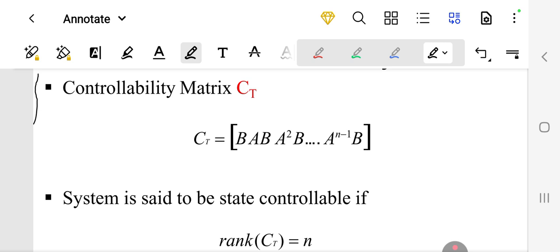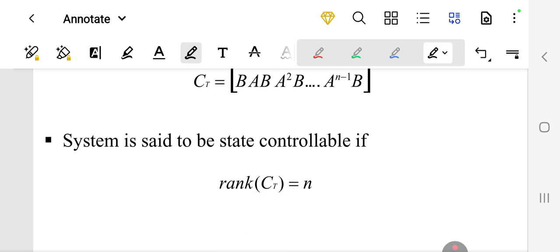We will have the power smaller than the order of the system by 1. The system will be state controllable if the rank of the matrix C, the controllability matrix, equals the system order, which is n.